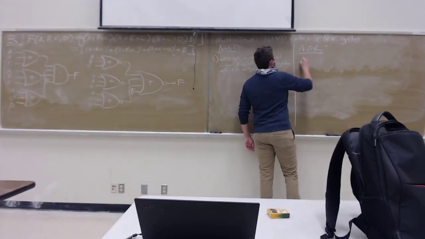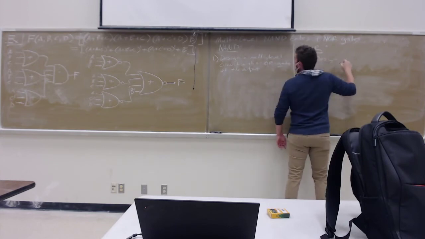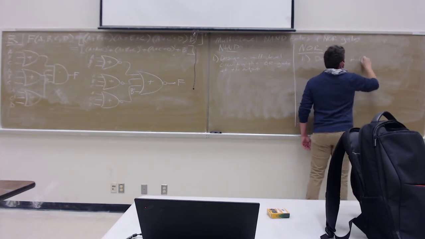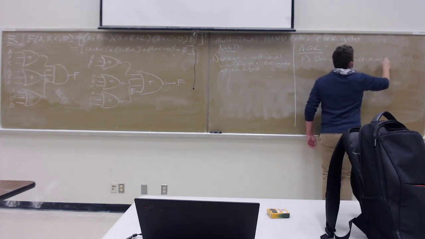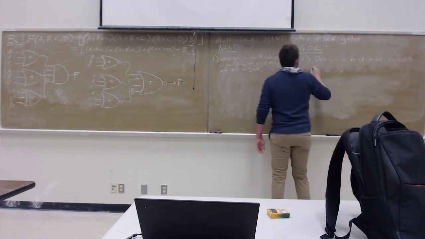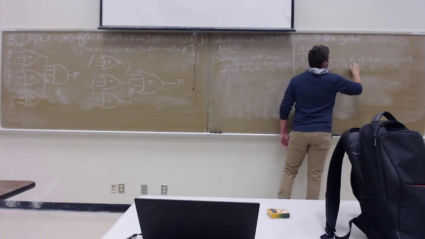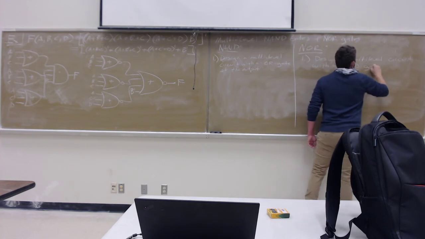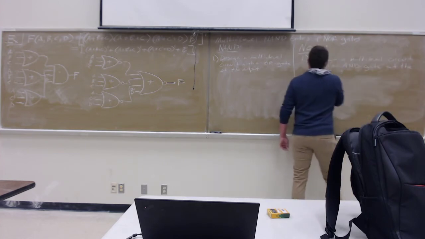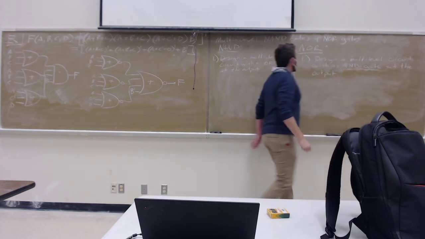On the NOR side, it'll be exactly the same. Design a multi-level circuit with an AND gate at the output. So for NOR gates, we've got to start with an AND gate at the output.